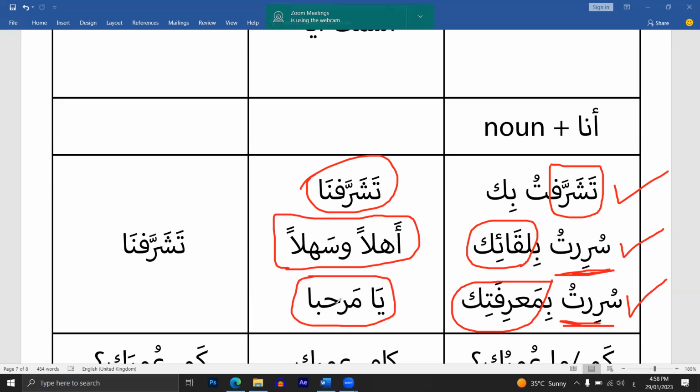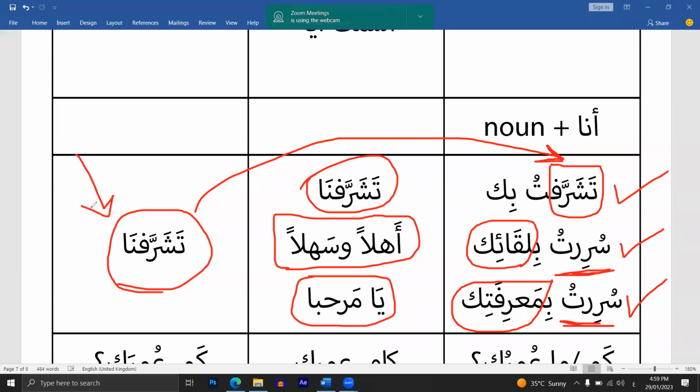So we can use these as common expressions. If someone says تشرفت بك or سررت بلقائك, you can respond by saying تشرفنا. Or if someone is introducing himself for the first time, you can say تشرفنا or أهلا وسهلا.